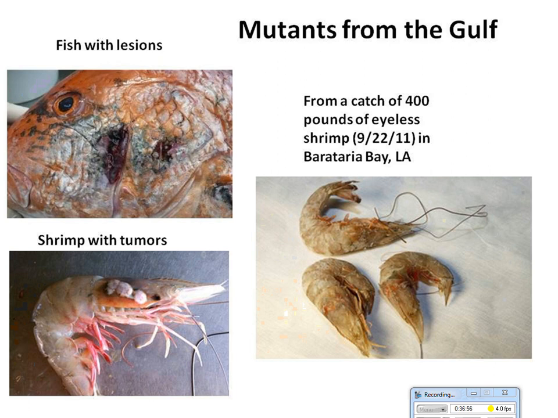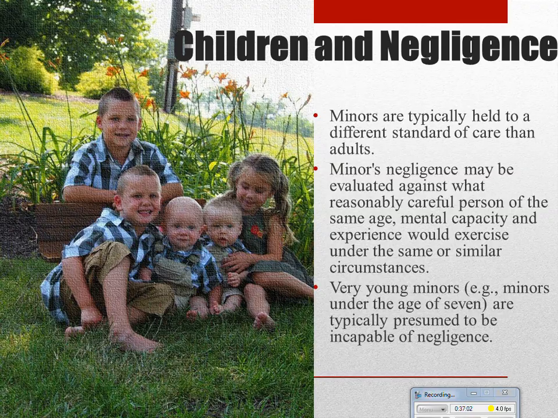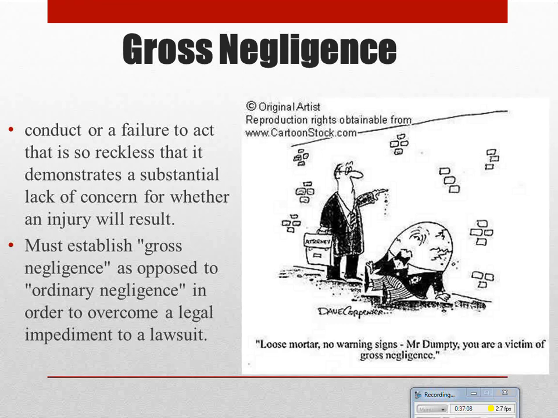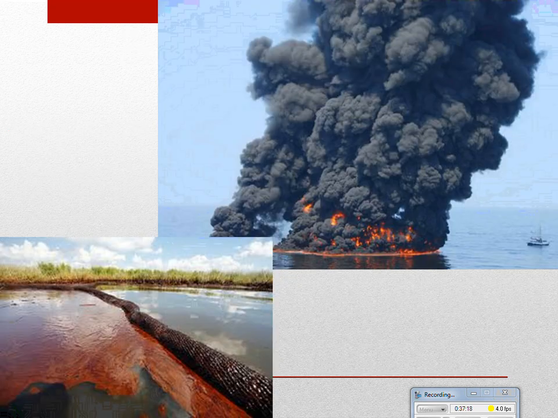We have extensive damage that extends out beyond just the immediate occurrence. Okay, so this is our gross negligence. It is so reckless. It demonstrates such a lack of concern for others. It is automatically up to gross negligence.